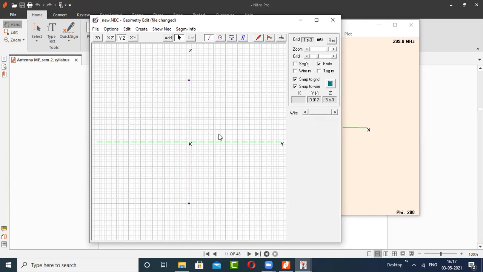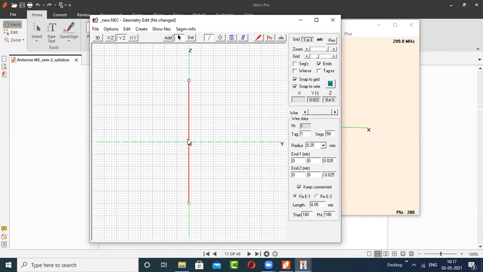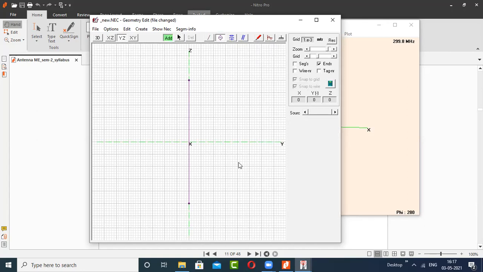So segmentation is also done. Now next, adding the source. Segmentation is 50. Now a source is kept here. You can take any other figure also, but the larger the segmentation, the more accurate the result, but it is going to take more time.